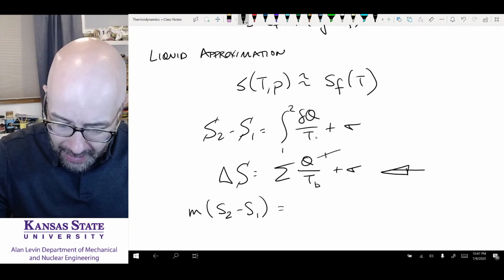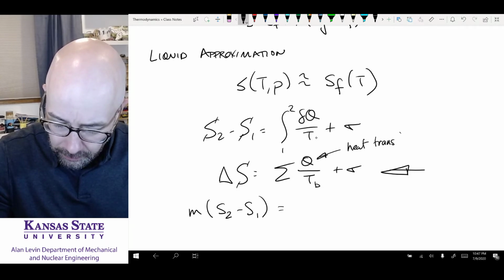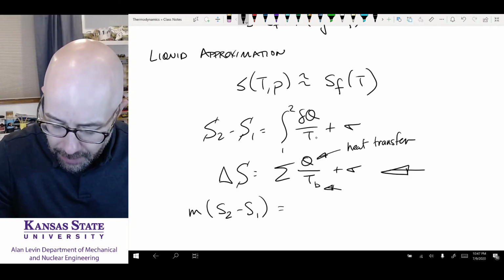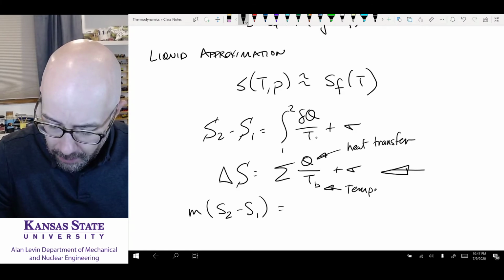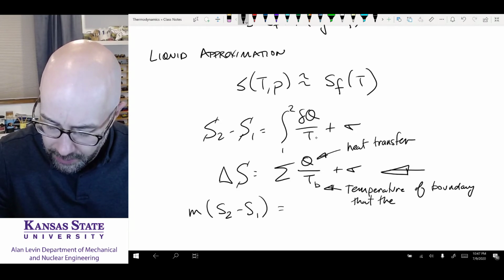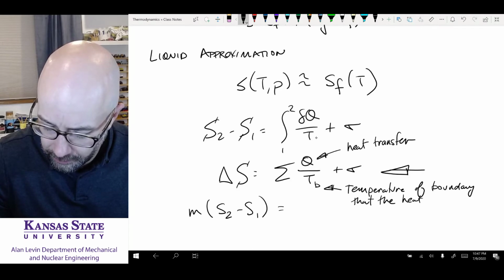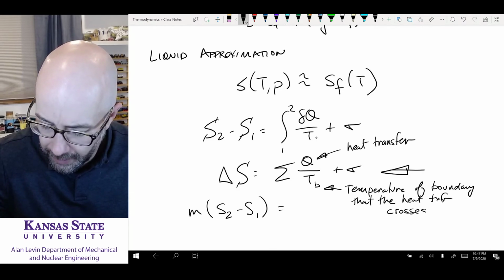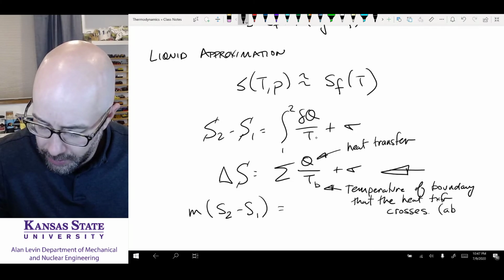So we're going to look at the heat transfer and the temperature of the boundary that the heat transfer crosses. Okay, this is going to be an absolute temperature.